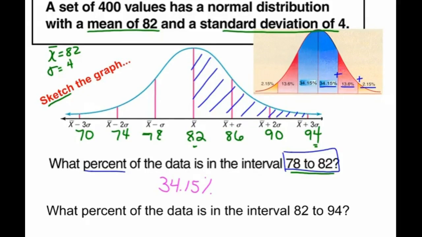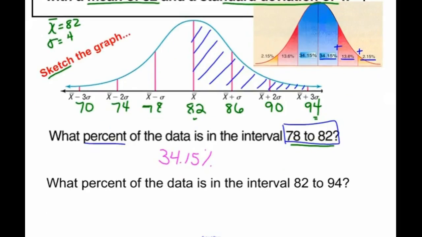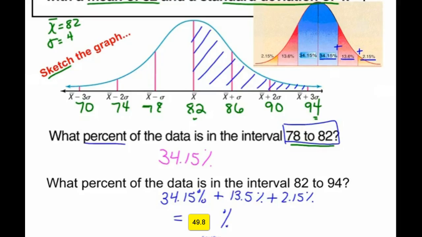So I'm going to be picking up 34.15% added with 13.5%, that represents the 2 standard deviations above the mean, and 2.15% of the data, which is the 3 standard deviations above the mean. Add all those up, and that's going to represent the percent that sits in that region.